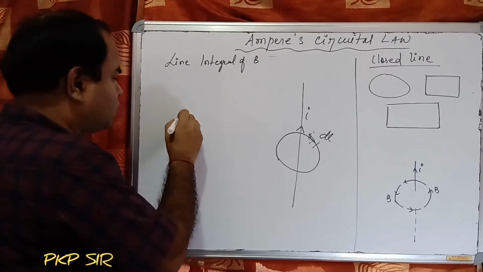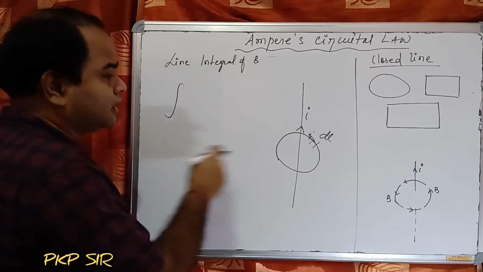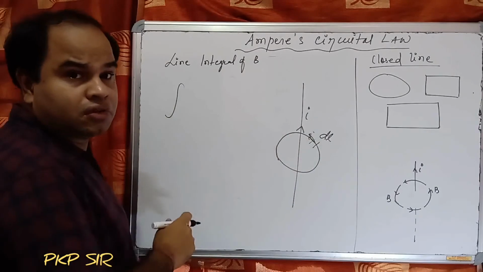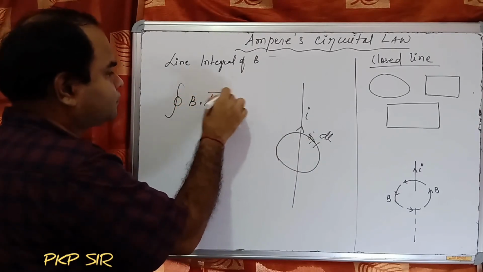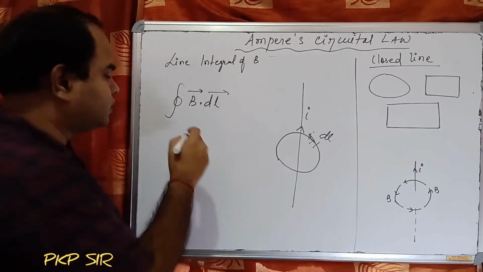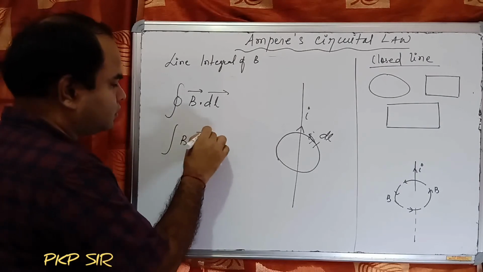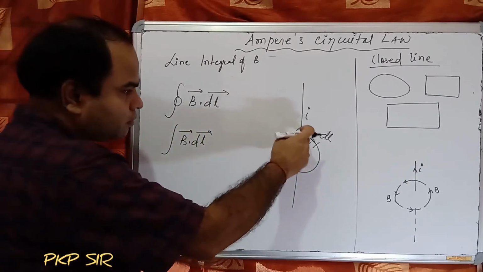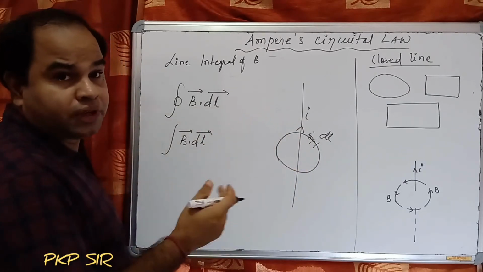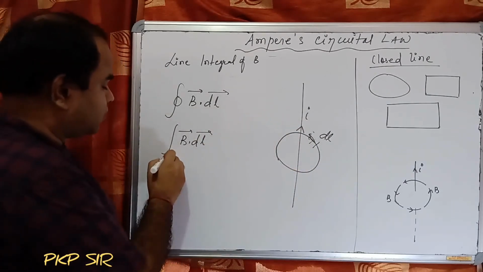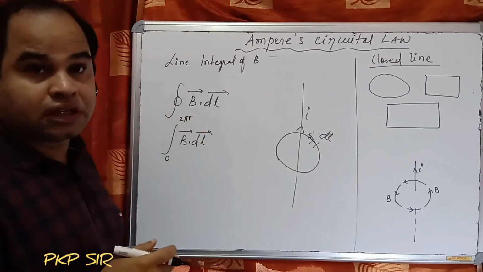So the closed line integral of magnetic field along the circular path is given by the closed integral of B dot dl. The total path of the circle has a length of 2 pi r, or perimeter 2 pi r. That means the integration is from 0 to 2 pi r across the total length, that is the circumference.